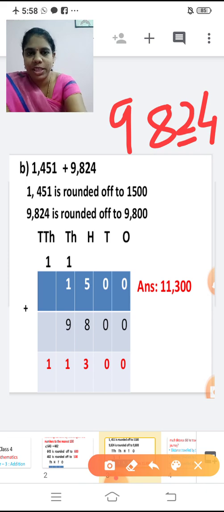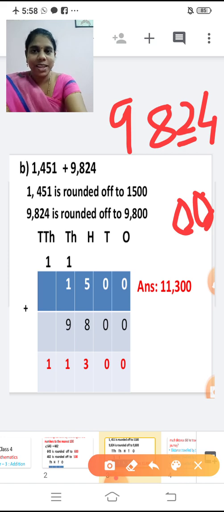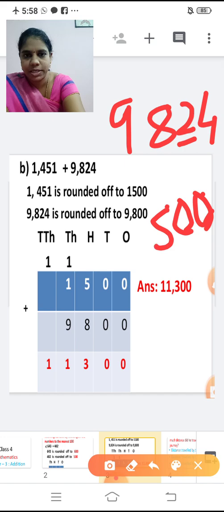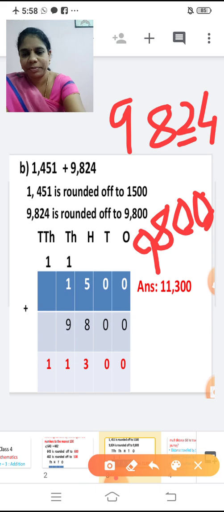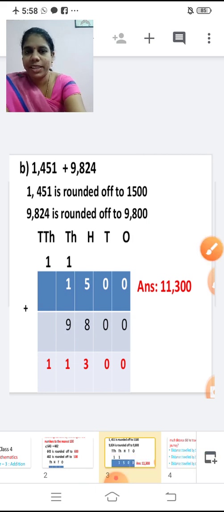Put 0 in the ones place, 0 in the tens place, and the hundreds place remains the same. So don't change the hundreds place and the thousands place. So 9824 is rounded off to 9800. Now shall we add these two numbers?